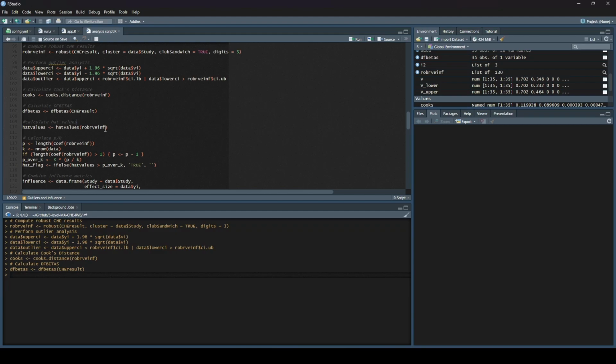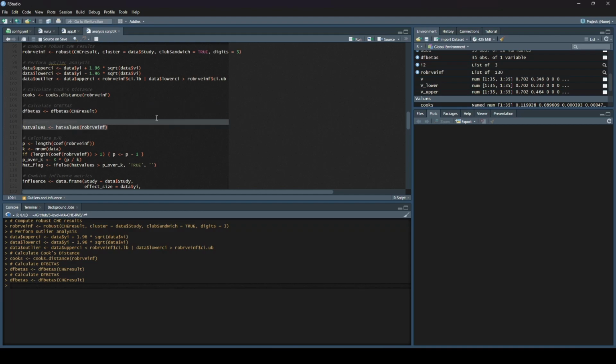So depending upon where you fall on that, you can simply change these out interchangeably. If you want to use your CHE model instead, you just put the name of the CHE model instead of the name of your robust model here. But for our purposes right now, we're going to use the robust model to calculate Cook's distance. We're going to use the CHE model to calculate our df betas.